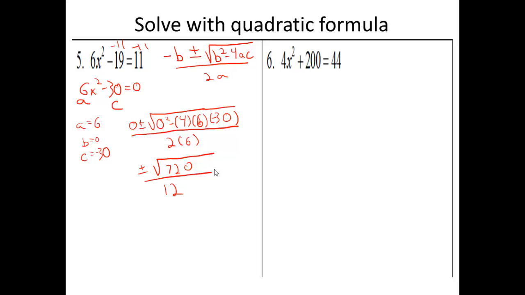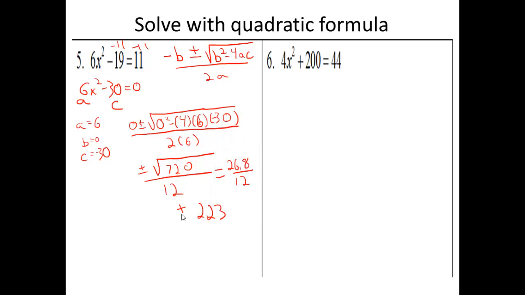Now as we look, the square root of 720 is equal to 26.8, and we're going to divide that by 12. We're going to get 2.23.